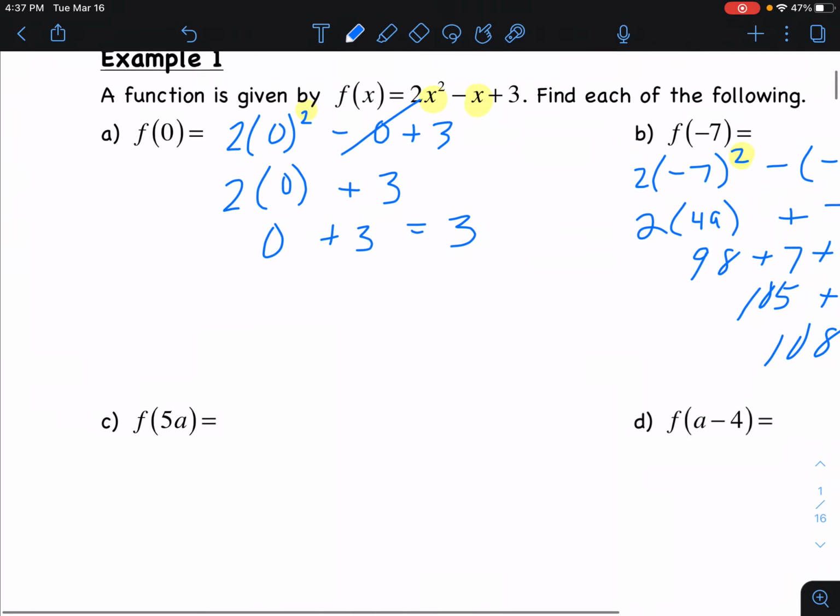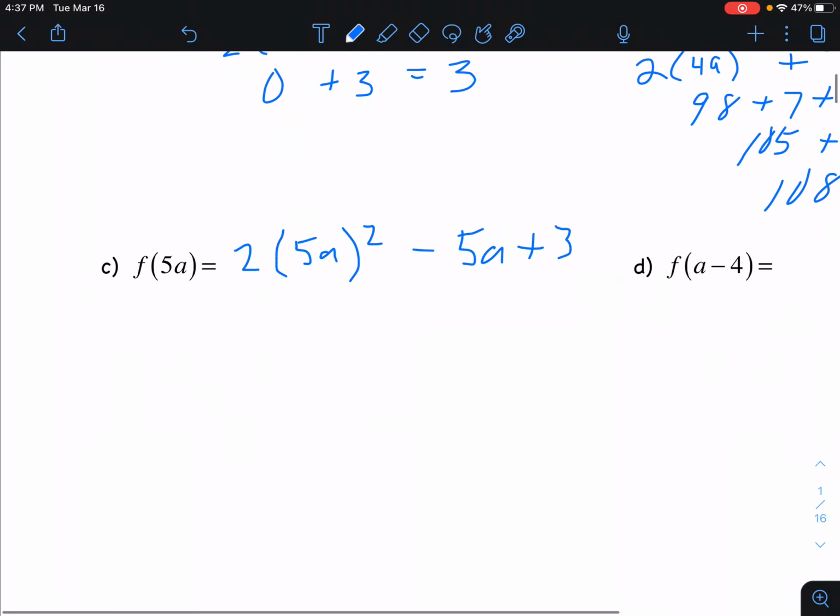Okay, now it's going to up the difficulty. Not even sure if you hit this one in Algebra 2. Letter C. Actually, I know for a fact you didn't hit this one because I teach Algebra 2. So letter C says 5a is going to go in for x here. So let's carefully write it out. 2 times 5a squared minus 5a plus 3.